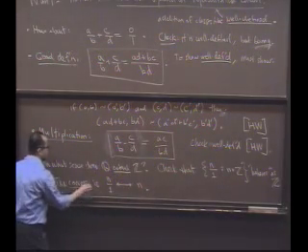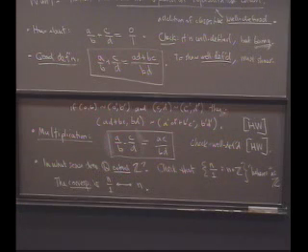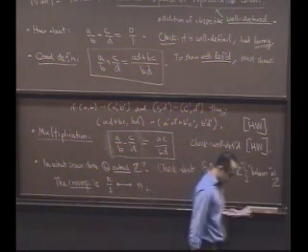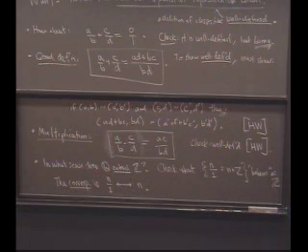And you can check that if you add n over 1 plus m over 1, you get n plus m over 1. And if you multiply n over 1 times m over 1, you get nm over 1. Okay? These are the things you would check. Very easy to do.